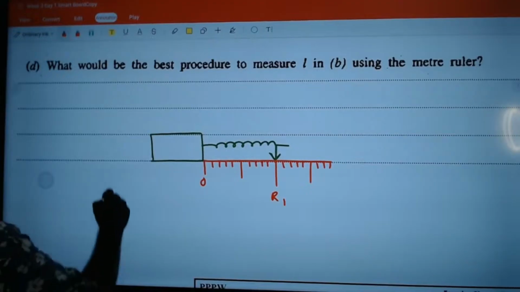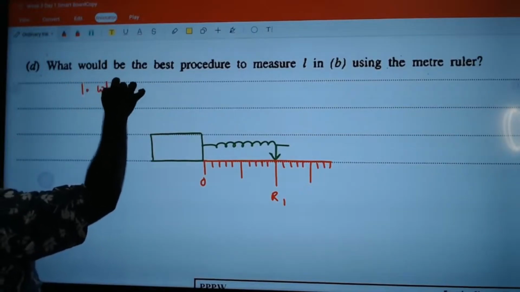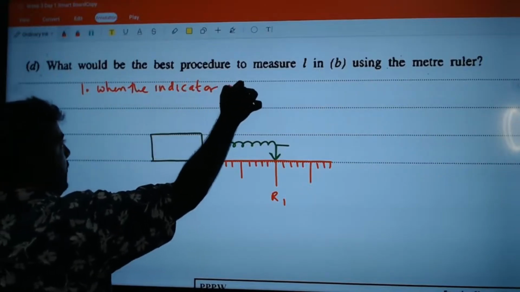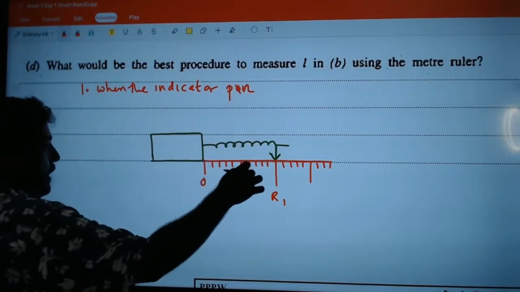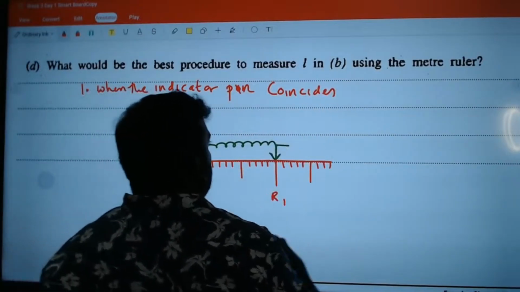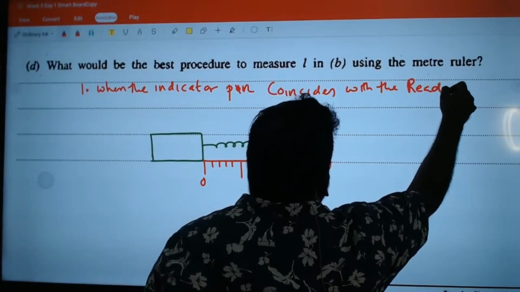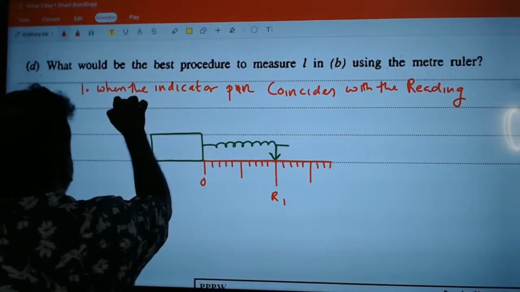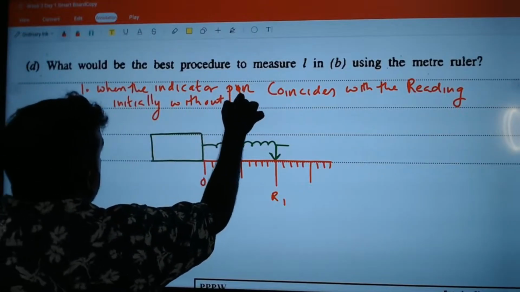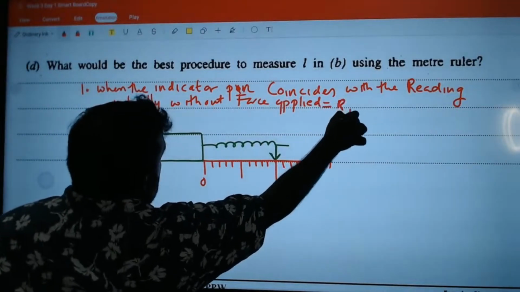The first step is when the indicator pin coincides with the reading initially, without force being applied, that's equal to R1.